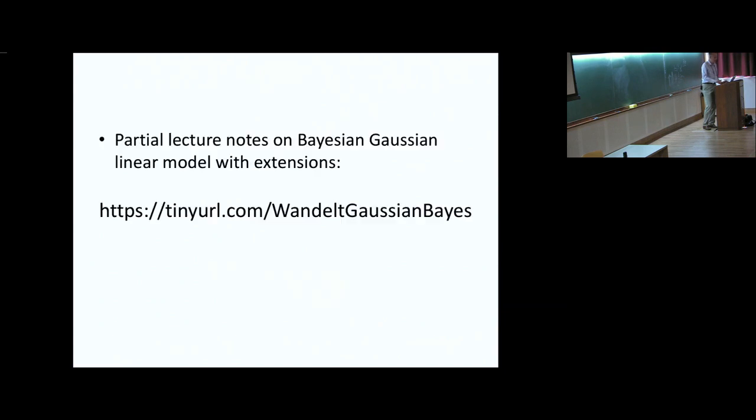Some people asked me for lecture notes, and so I sat down over lunch and wrote these notes. No, I'm joking. I had written these before, but if you want to download some partial notes that describe multivariate Gaussians and how to do inference with multivariate Gaussians, how to denoise. There's another example in there.